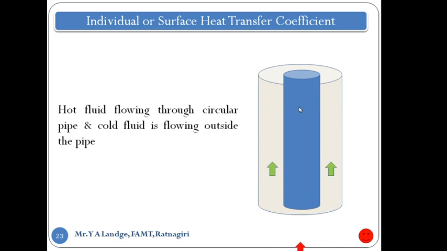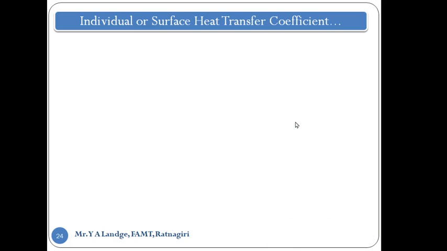Now with the help of this schematic diagram we will see the number of resistances here and how there is a relation between the inside heat transfer coefficient, outside heat transfer coefficient, and the overall heat transfer coefficient. So this is a metal wall through which the two liquids are separated.